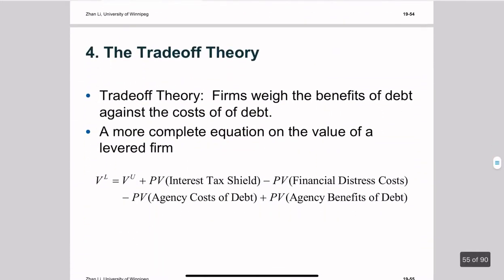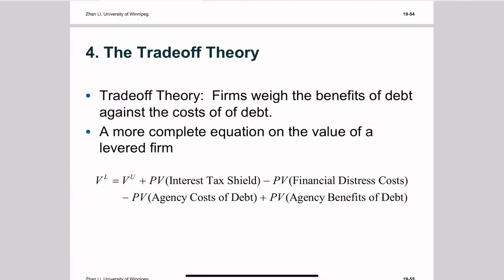Okay, so we basically have discussed 4 different kinds of costs and benefits of debt. And if we combine these 4 different kinds of benefits and costs, then we would have this trade-off theory.